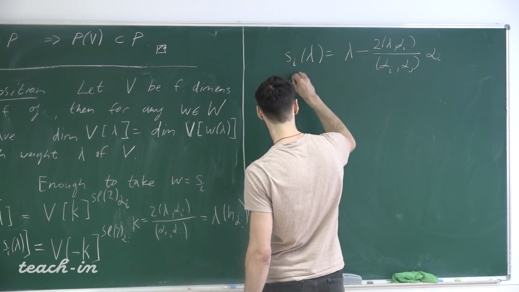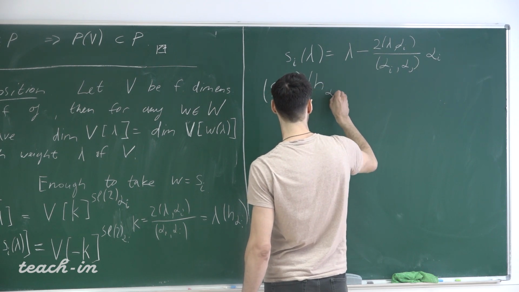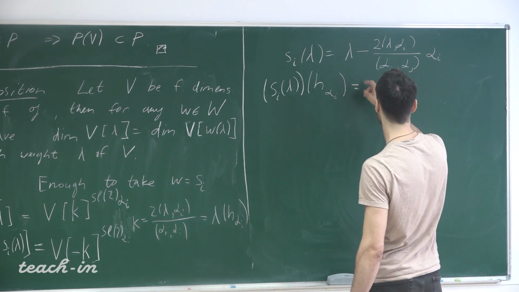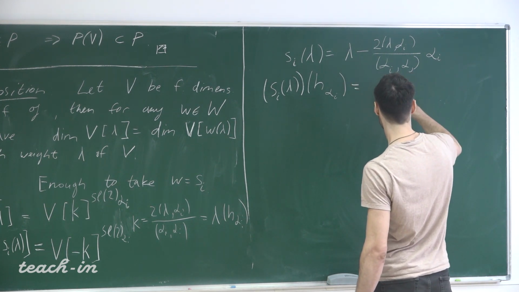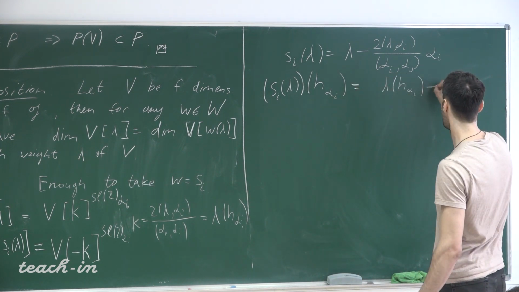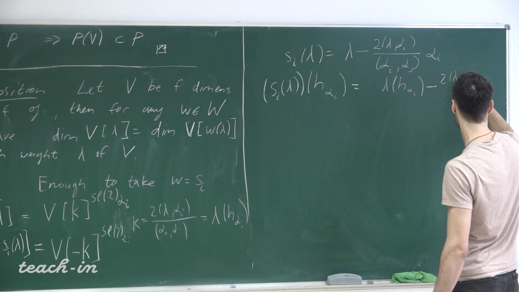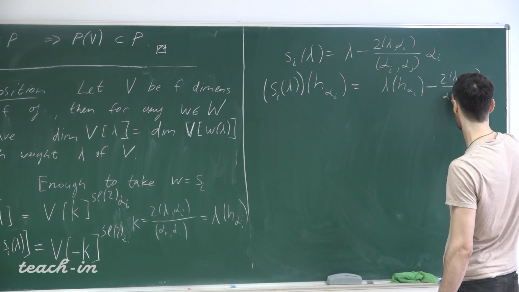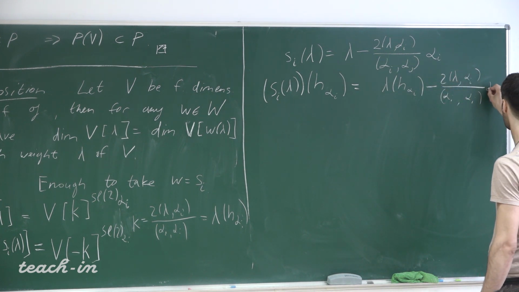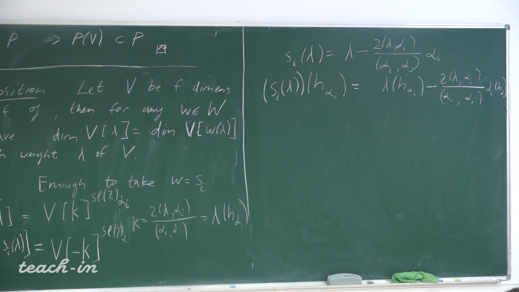I need to take this and apply it to H alpha I, right? So this will be lambda of H alpha I, minus, so this is some number, which is 2 lambda alpha I divided by alpha I, and then alpha I applied to H alpha I. Right?